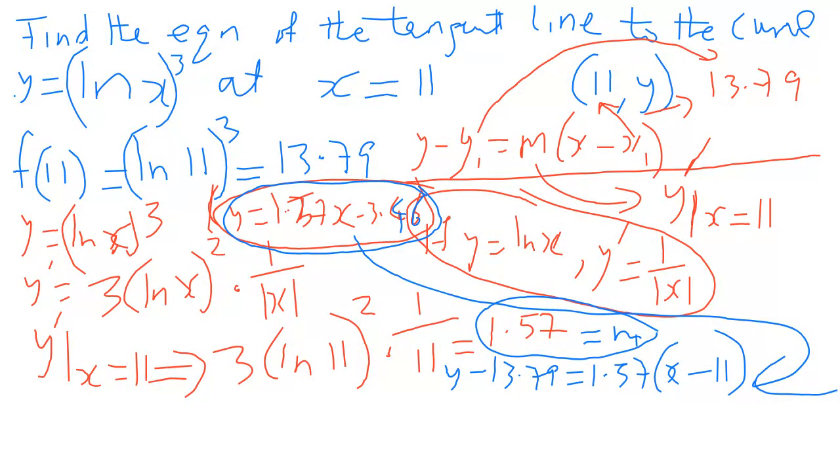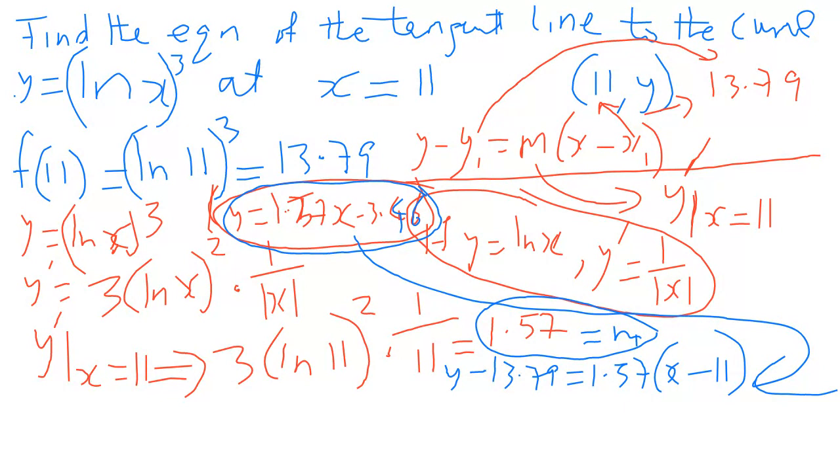I found the point y by substituting the point x in the original equation. Now that I have this point, I know I'm going to use the point slope formula of the equation of a line. And this point, 11, 13.75, is this x1, y1.